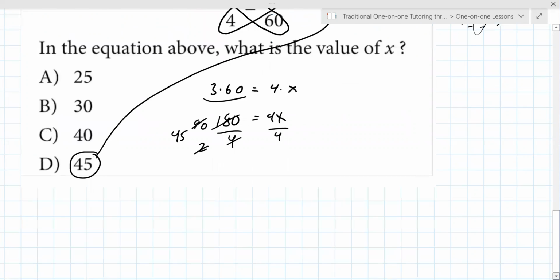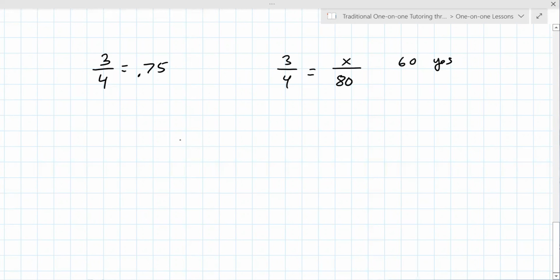So there's certain fractions you're supposed to understand. Like 3/4 is 0.75. So if I said 3/4 equals x over 80, you're supposed to understand what 3/4 of 80 is, maybe a little bit faster. So you say 60? Yes. 60. Right. And like 1/4 is 0.25.